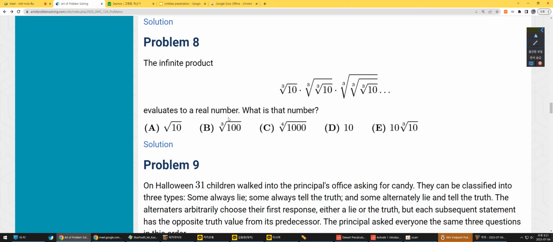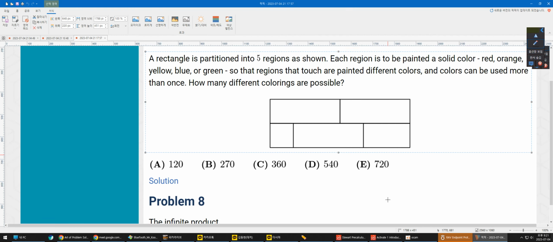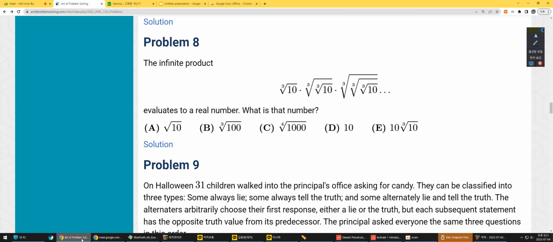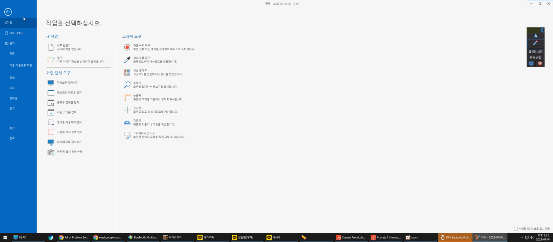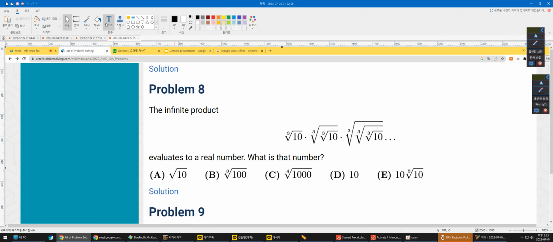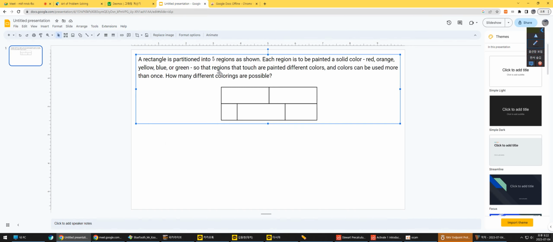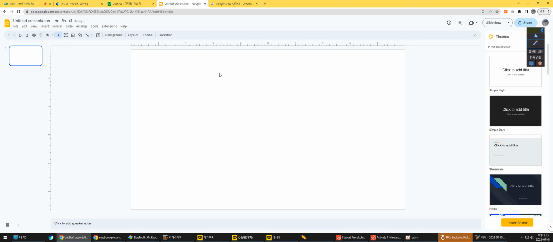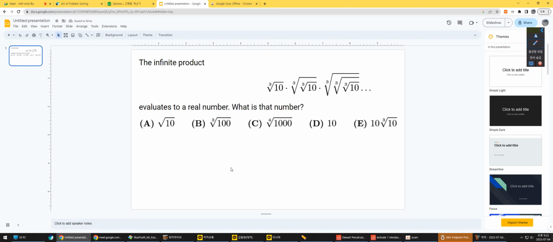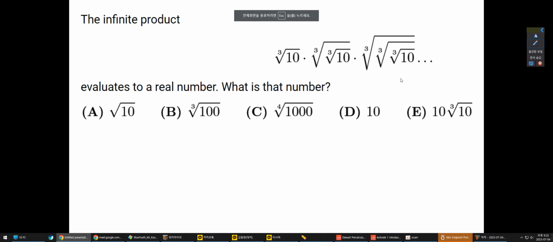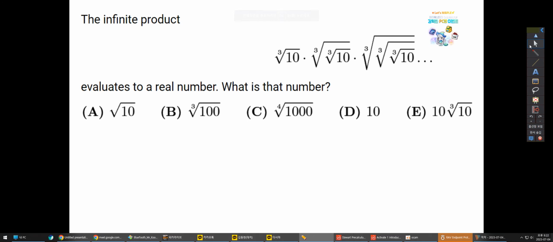Infinite product. So we are multiplying this indefinitely.